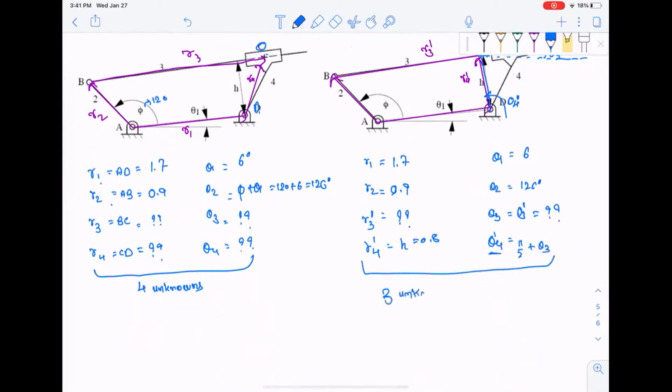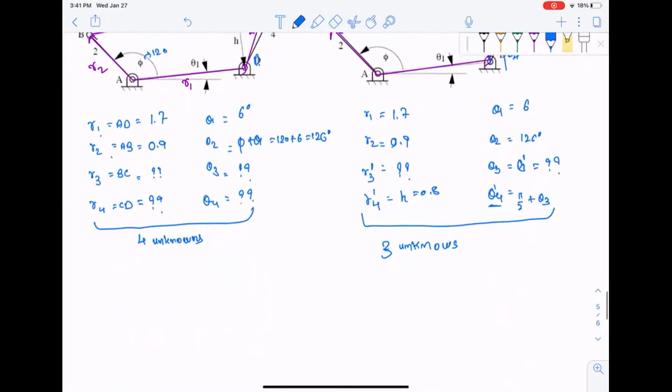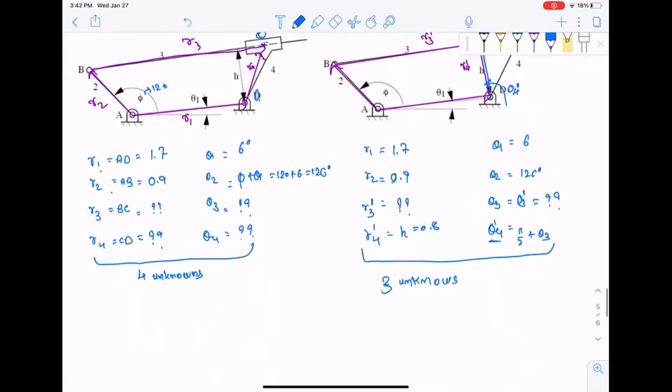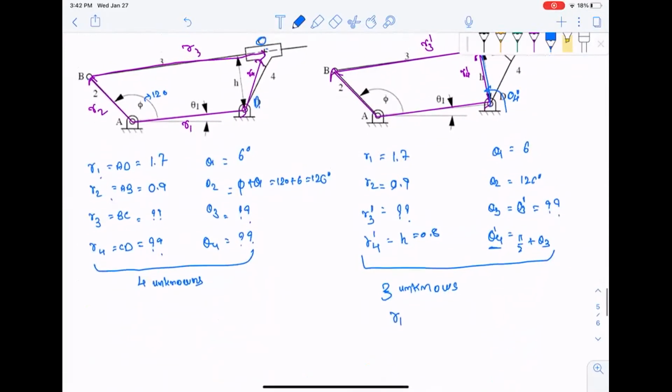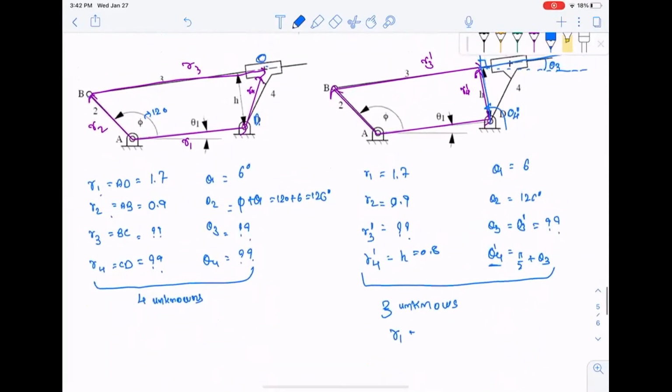So now you can see we have three unknowns and we have three equations. If I write my vector loop equation, that will be R1 plus R4 dash is equal to R2 plus R3 dash.